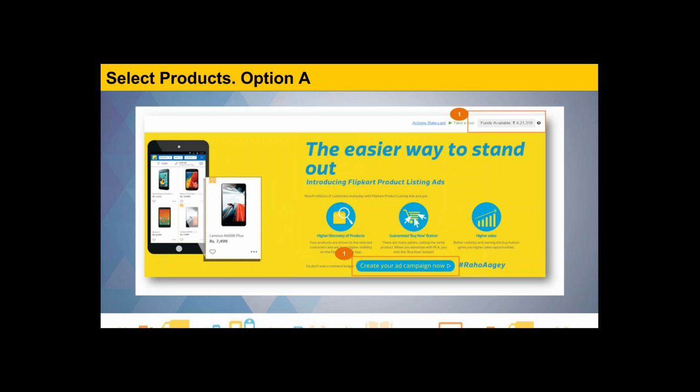Go to the advertising tab. On this page, you will see your funds available, which includes 90% of your cash on delivery, which is COD balance, and your total credits. Free credits is a bonus that we provide you, which you can use for ad campaigns.